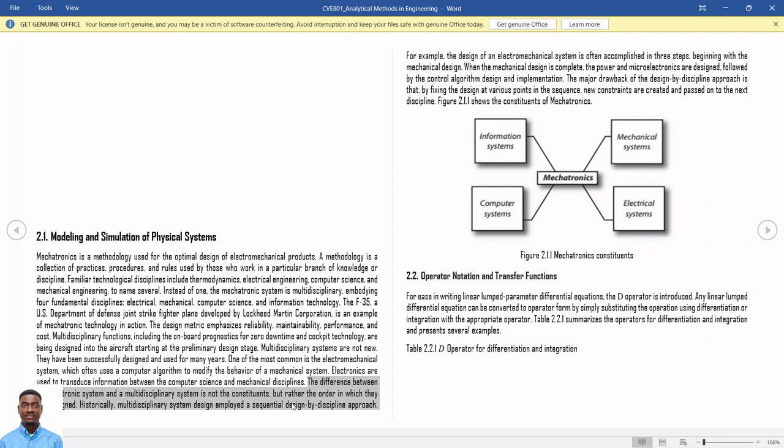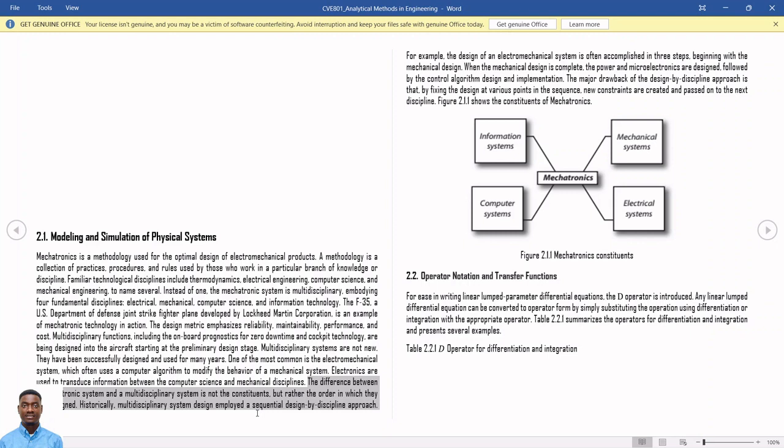That is what we refer to as the sequential design by discipline approach, which is used in the design of multidisciplinary systems. This is not the case with mechatronic systems, because in a mechatronic system, all the disciplines carry out their design at the same time, and there's no need to carry on from one discipline to the other.